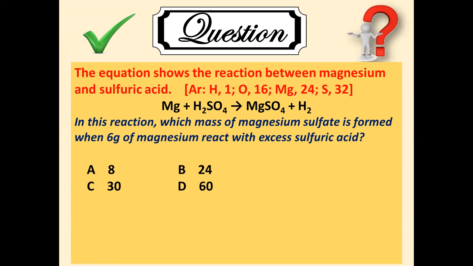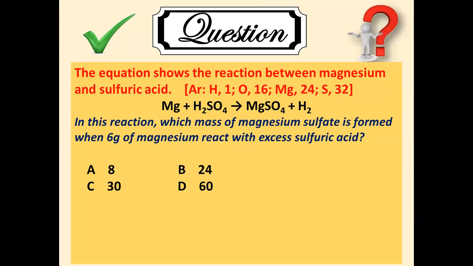The equation shows the reaction between magnesium and sulfuric acid. This question is worth 1 mark, so all required values will be given. Magnesium reacts with sulfuric acid and produces magnesium sulfate plus hydrogen.